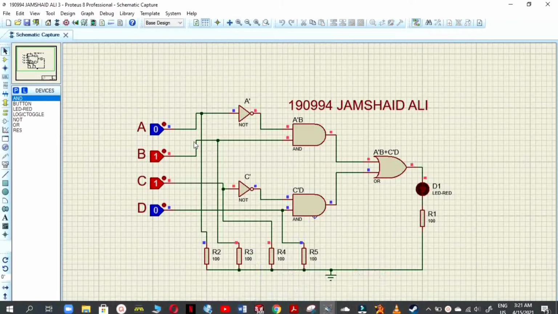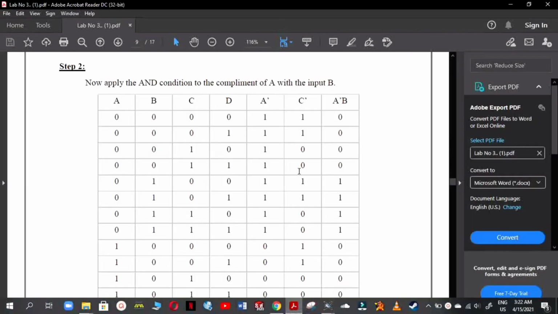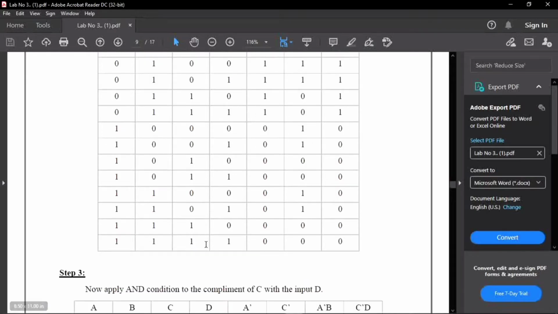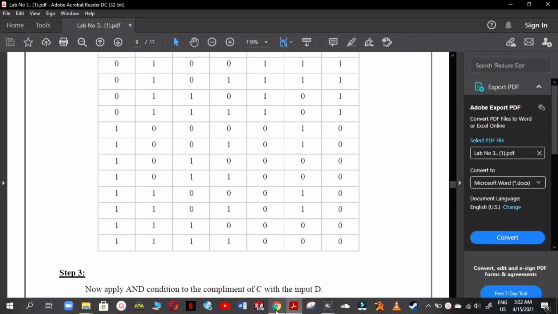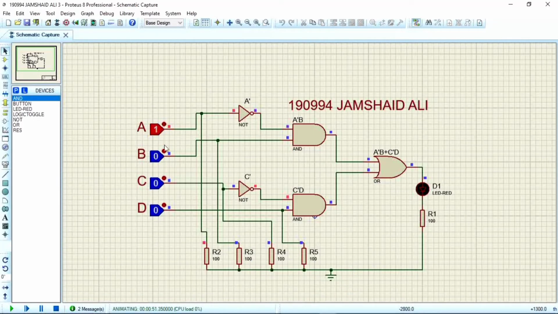In this circuit, if I am applying 1 on all of it, then the output will be 0 in this case also. So this is our basic Proteus circuit of our first function f1.